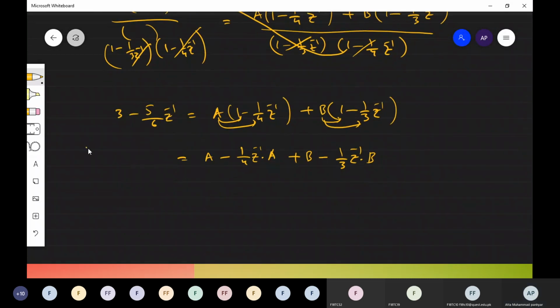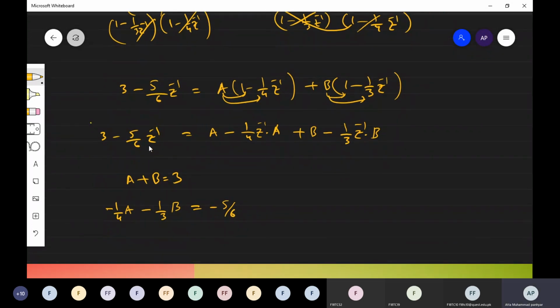Now, comparing coefficients with 3 minus 5 upon 6 z inverse, A plus B must be equal to 3, right? And minus 1 upon 4 A minus 1 upon 3 B must be equal to minus 5 upon 6, right?